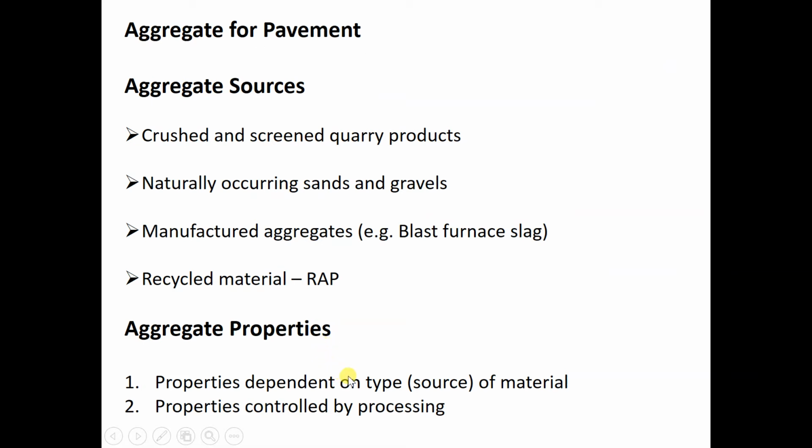Aggregate properties. There are two categories of aggregate properties. Number one is the properties dependent on the type of material, on the source of material. From a given quarry you have a certain type of material with certain properties.